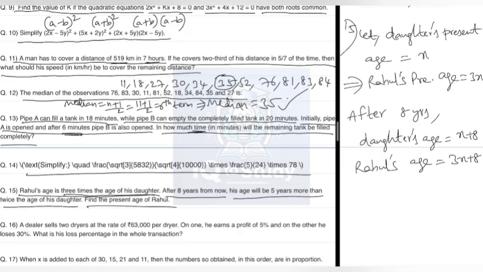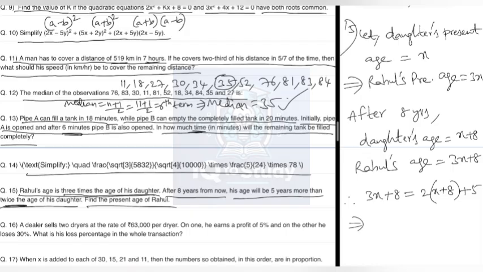After 8 years, his age will be 5 years more than twice the age of his daughter. Which means 3x plus 8 is equal to 2 into x plus 8 plus 5.